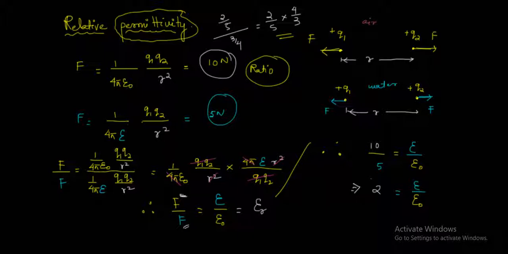Its symbol is epsilon r. Note that capital K is mostly used, whereas in Coulomb's law the Coulomb constant is small k. This is called relative permittivity, sometimes dielectric constant.